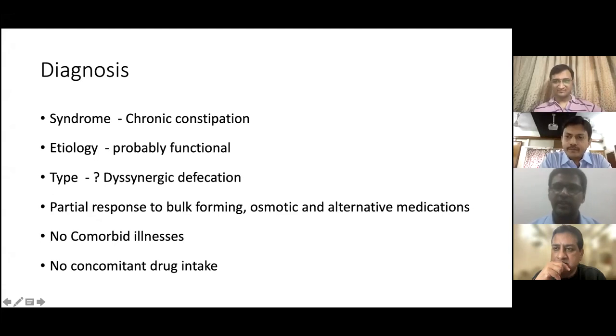Like this patient, after giving laxatives, he had a change in his Bristol stool form scale from 1 to 2 to more than 3. However, his symptoms persisted. Though his bowel frequency also increased, he still continued to have a feeling of incomplete evacuation. He still had to strain to pass stools. So because of these parameters, I would say he had only a partial response to the laxatives.